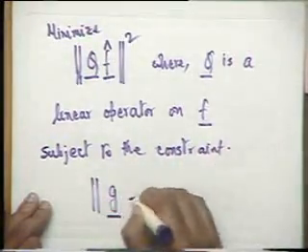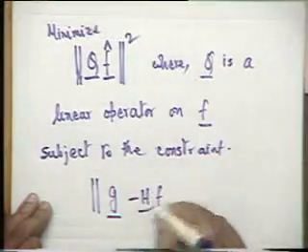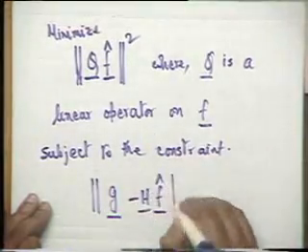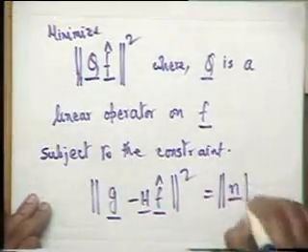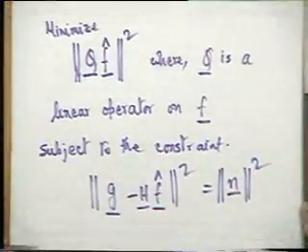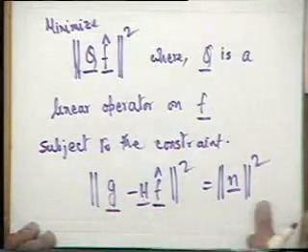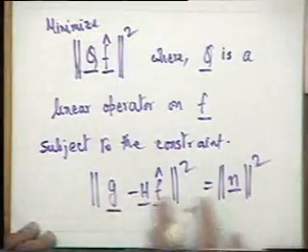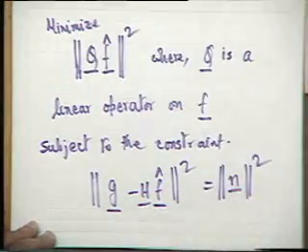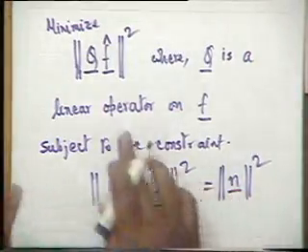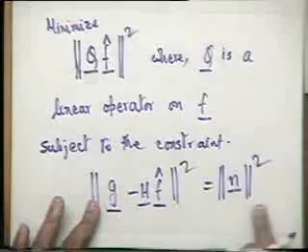norm G minus H f hat squared equal to norm n squared. So in the earlier case we were minimizing this expression, and now we are going to minimize Q f hat squared subject to the constraint of this.